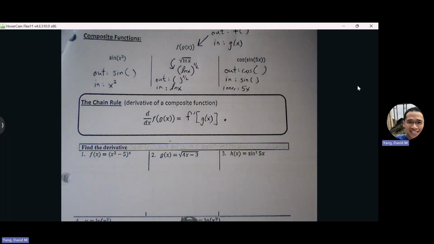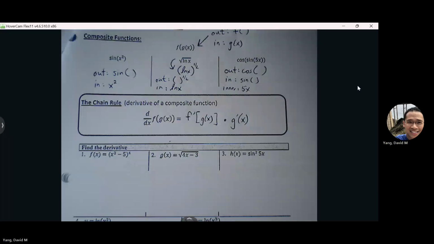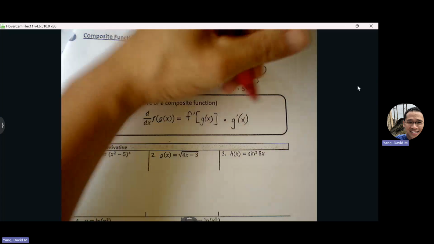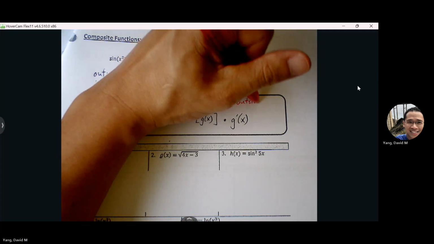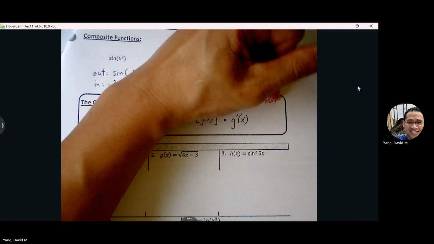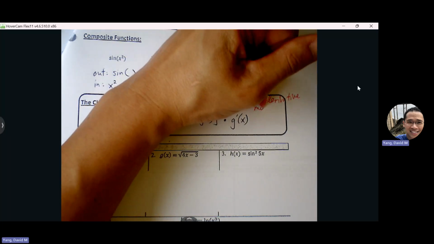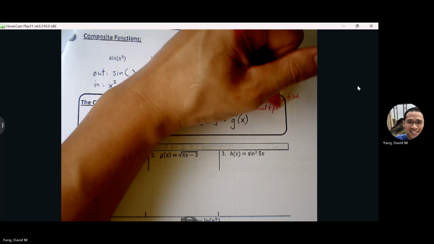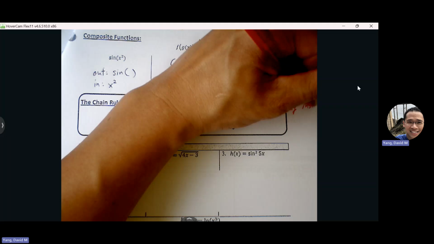So the inside portion's derivative is just g prime of x. So we can say it this way: it's outside's derivative multiplied by the inside's derivative.